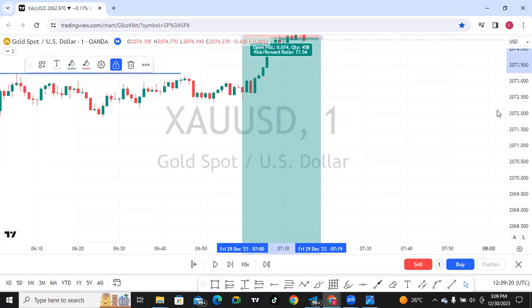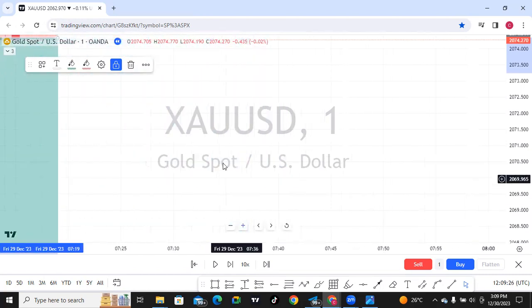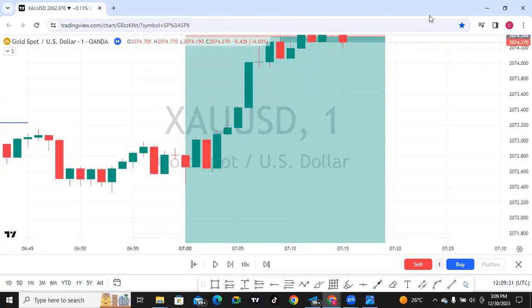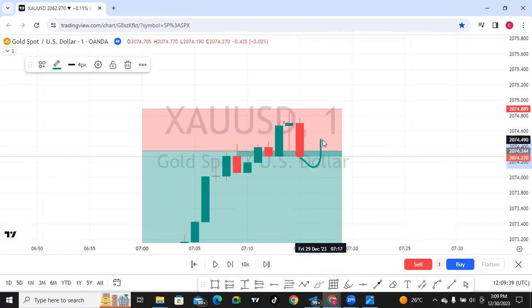Okay, so I'm going to play, and first of all, I want to explain what I'm waiting for. You see this candle already has closed below. What I want is for the next candle to open and push back into the zone, then push down.